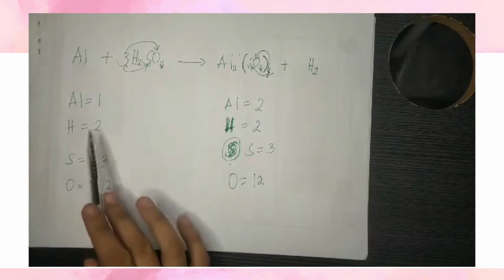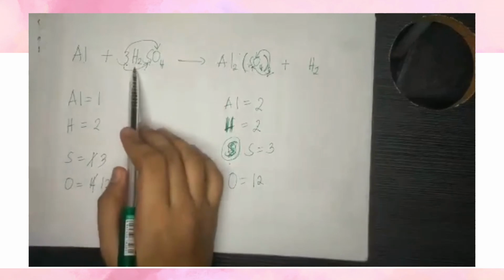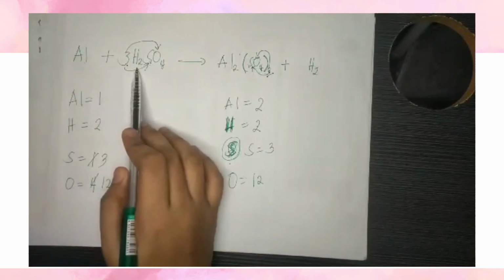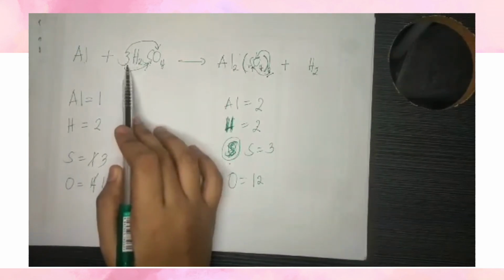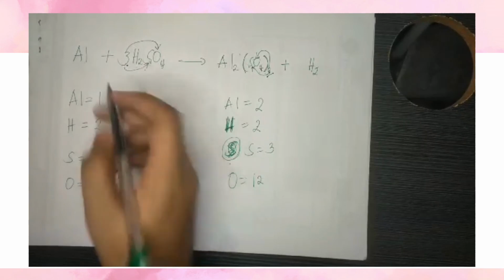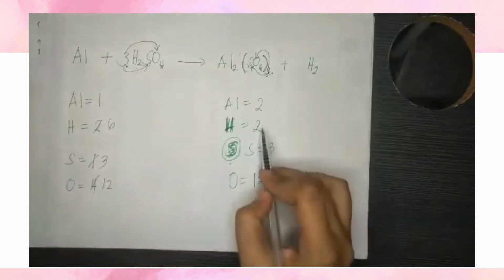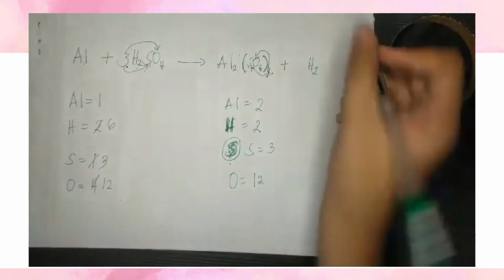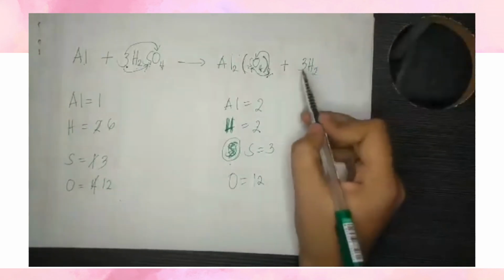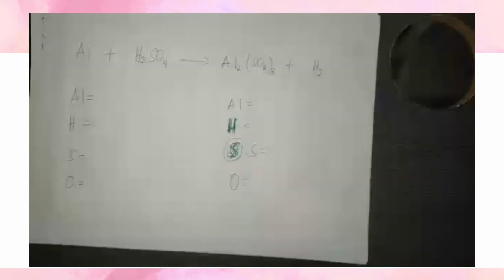While for hydrogen, there is a change that happens on the hydrogen here because we added 3 as a coefficient. So now we have 6. While on the product, let's try writing a 3 coefficient.